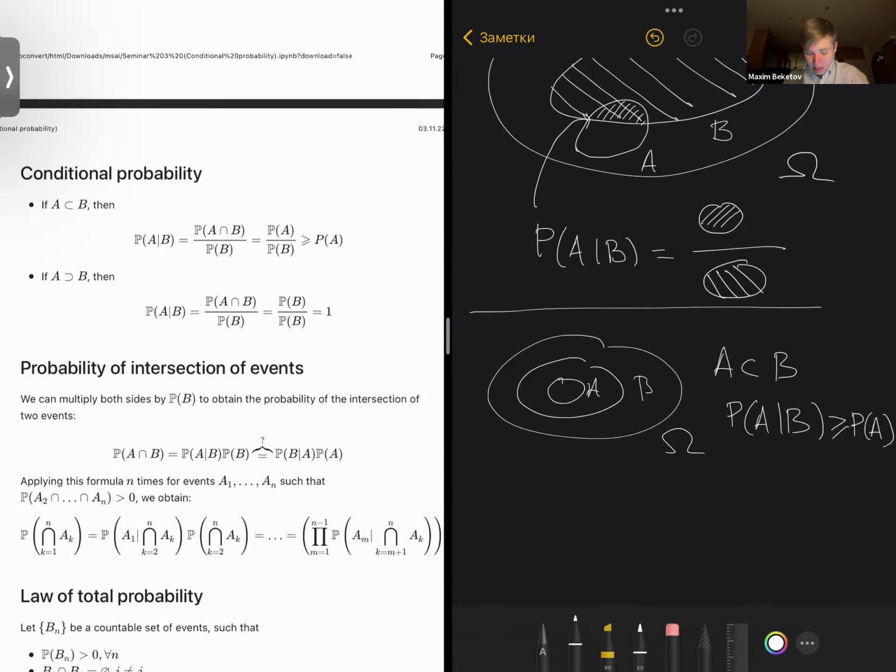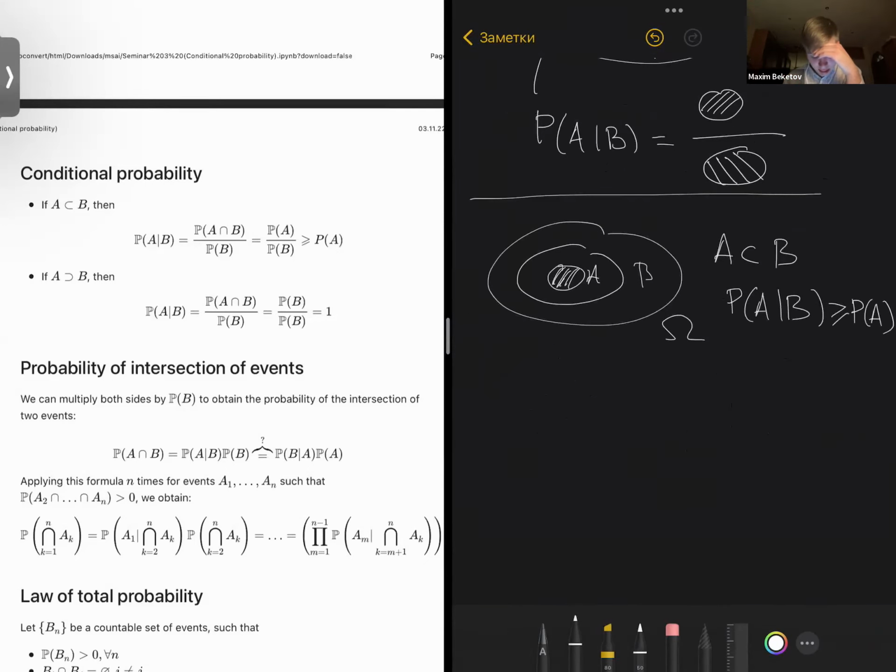Because the area of A is the same, but if we consider the ratio of the area of A to the area of B, this ratio is greater or equal than the ratio of the area of A to the area of omega, right?